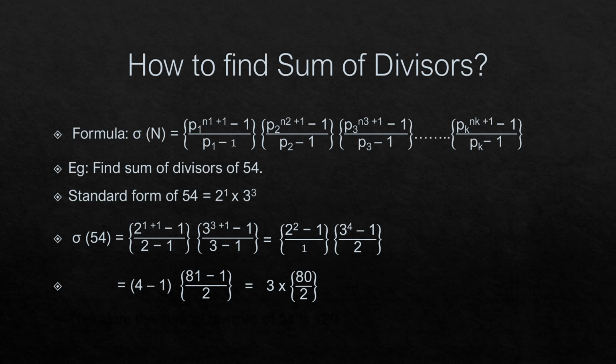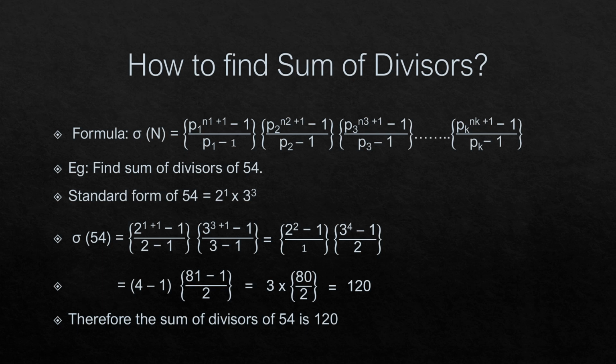So 3 into 80 upon 2 equals 120. Therefore, the sum of divisors is 120.